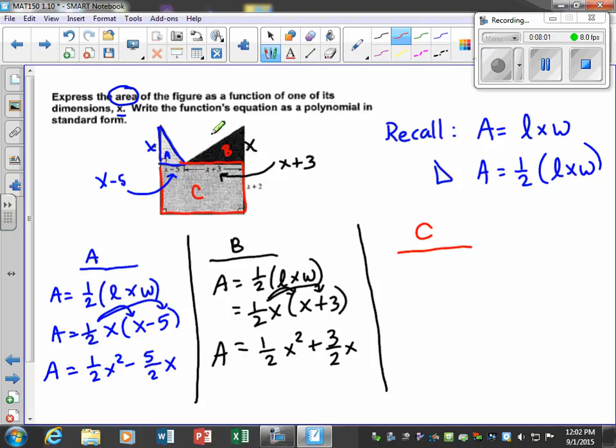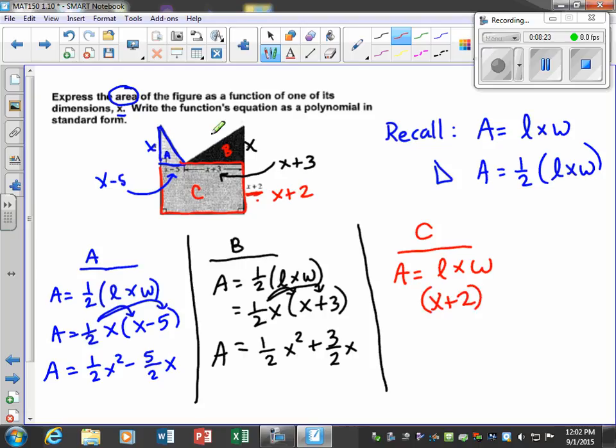C is just a rectangle, so the area of a rectangle is going to be length times width. This one's easy. This part right here is x plus 2. I know it's hard to see, so that's going to be x plus 2.